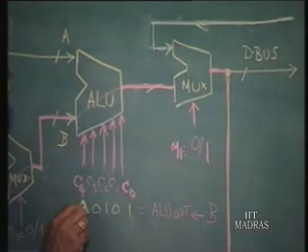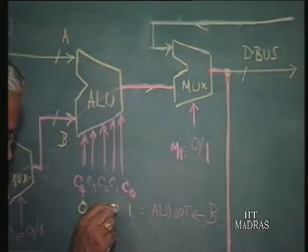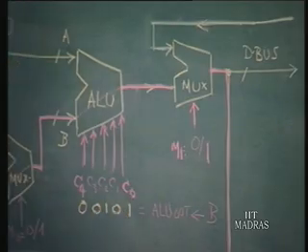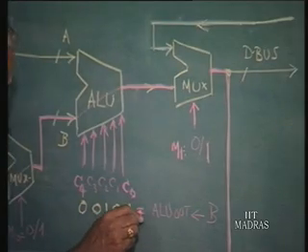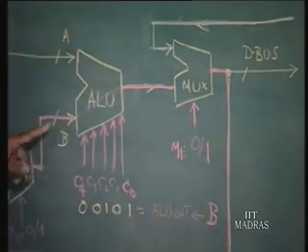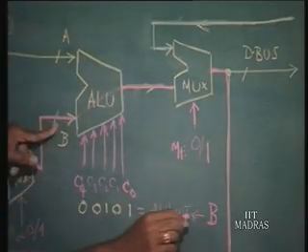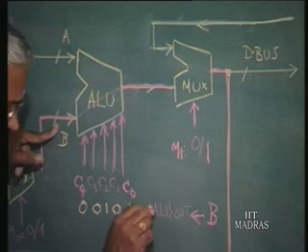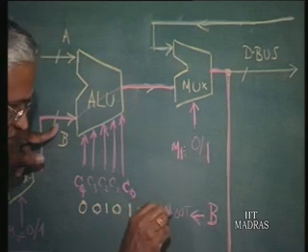This is very arbitrarily done, that is 0 0 1 0 1, assuming that is the code which helps the contents placed on the B leg of the ALU input to be routed to the output.